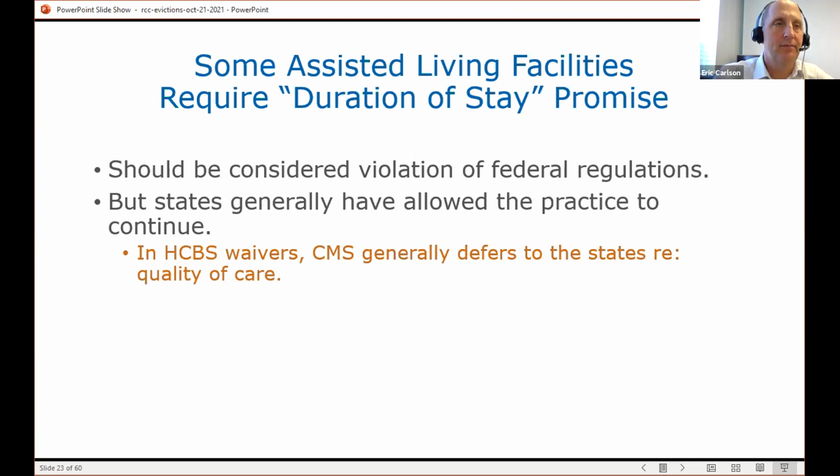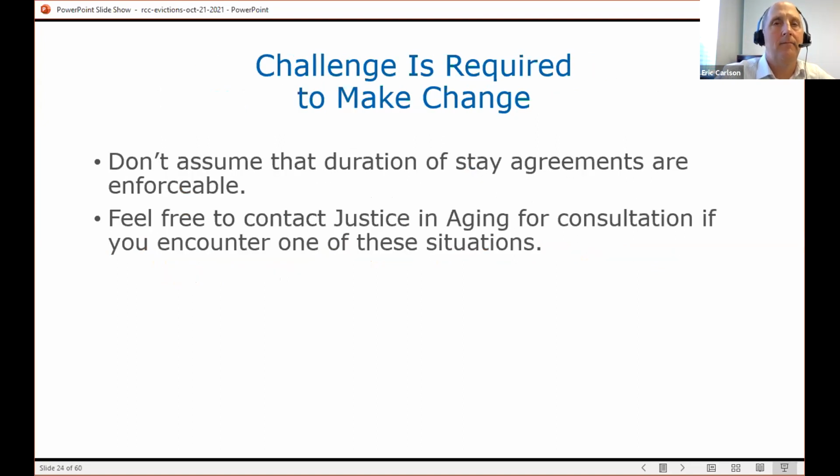Assisted living facilities should be following the same protocols. Next slide, please. If and when you see these situations, I have to warn you that the system in your state may just assume that that's the way it is, but I think that's wrong. Feel free to consult with us or with other people when you see this, because we do need to push back on that.